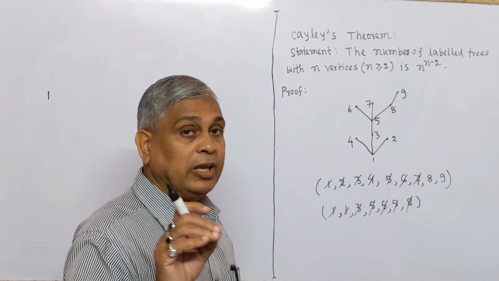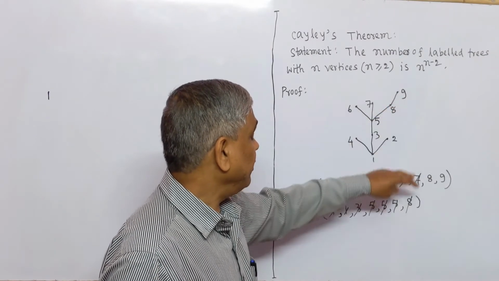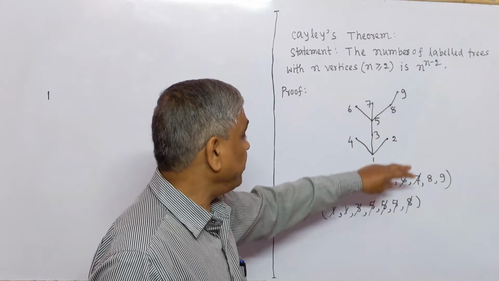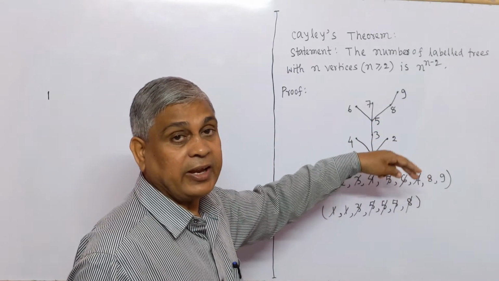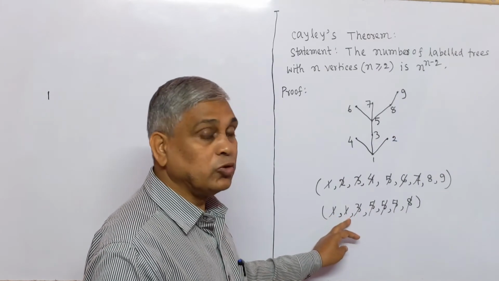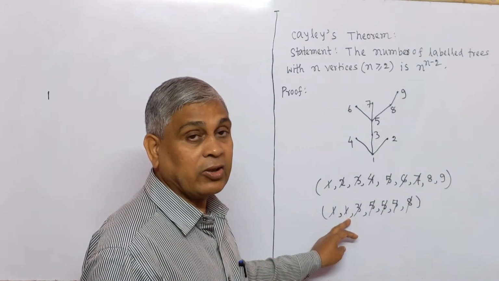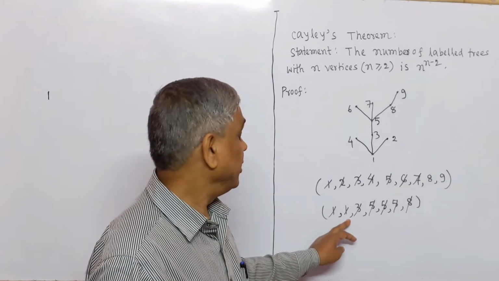So if we have 9 numbers, we may take any of 1, 2, 3, 4, 5, 6, 7, 8, 9 in the first place. In the second place we may also take any number from 1 to 9.